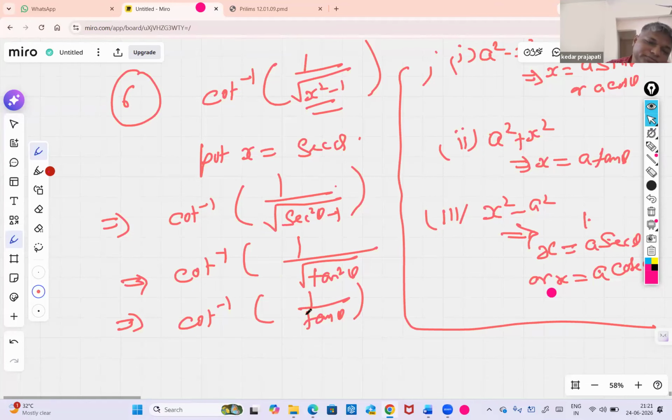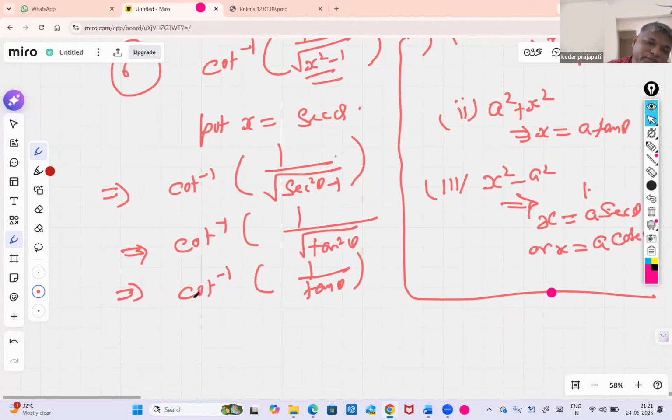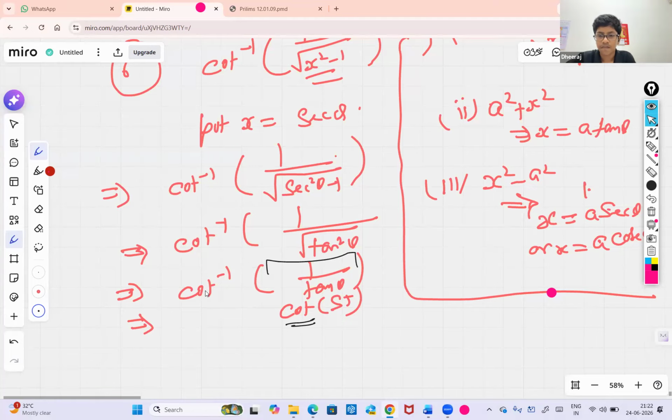Now what is this? It is cot, and this is tan, so it won't be simplified. I have to have something of cot theta here, then only this will be solved, because you have to cancel this.